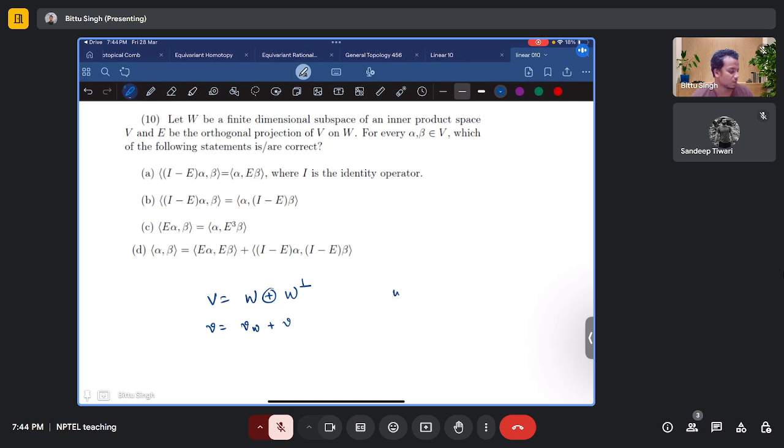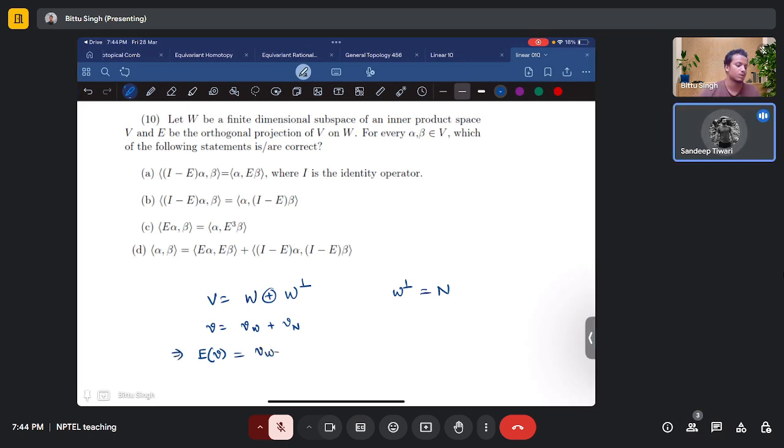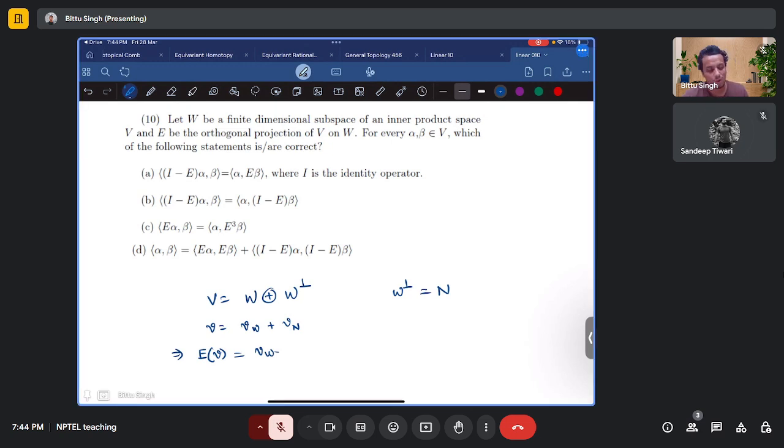Let W perp be denoted by N, the normal complement. So V can be written as Vw plus Vn, right? If we apply E on this V, we get Vw. E applied on Vn, the orthogonal complement, will be 0.